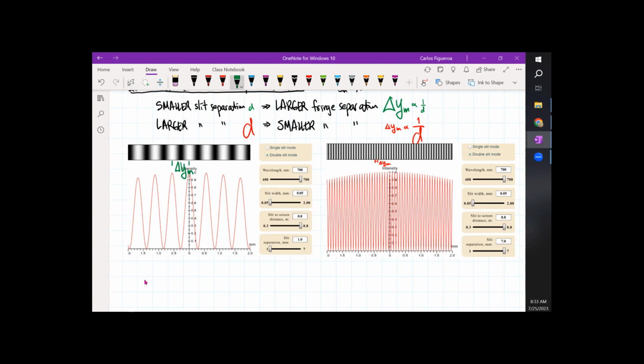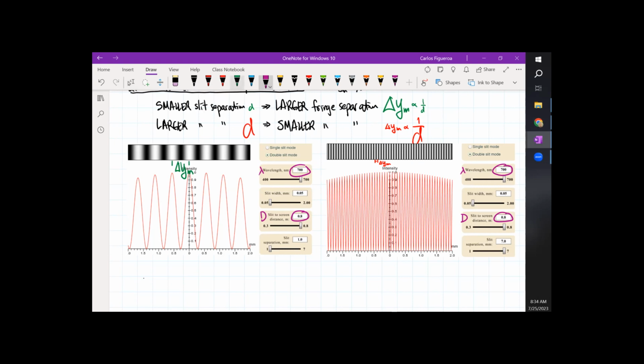So what's fixed here? My wavelength in each of these situations is fixed at 700. The other thing that should be fixed is big D. Big D is also fixed. So the only thing that I'm changing is the slit separation.